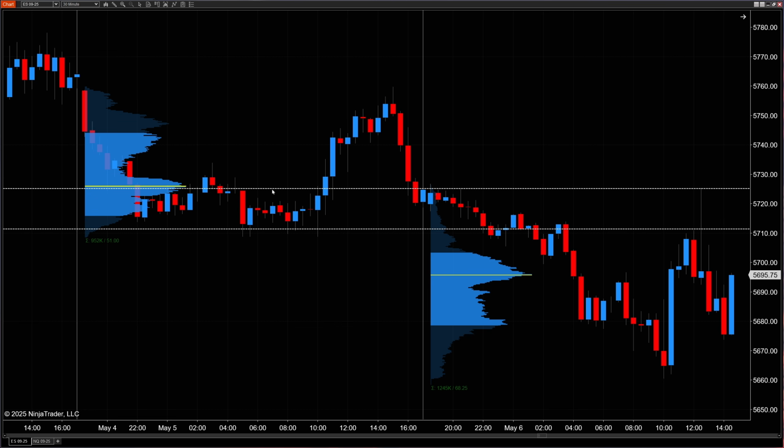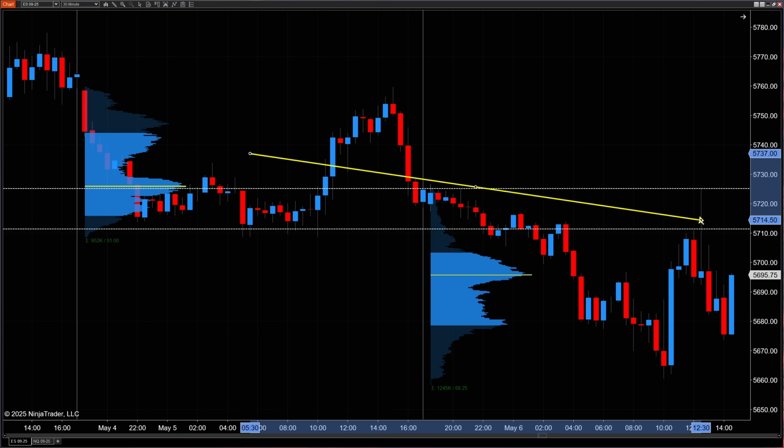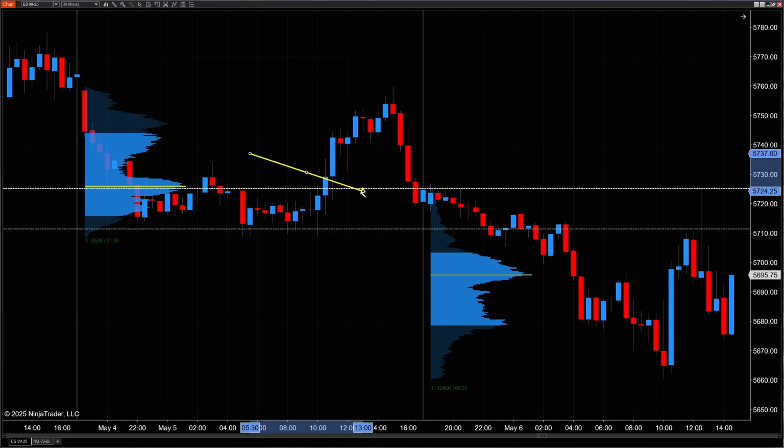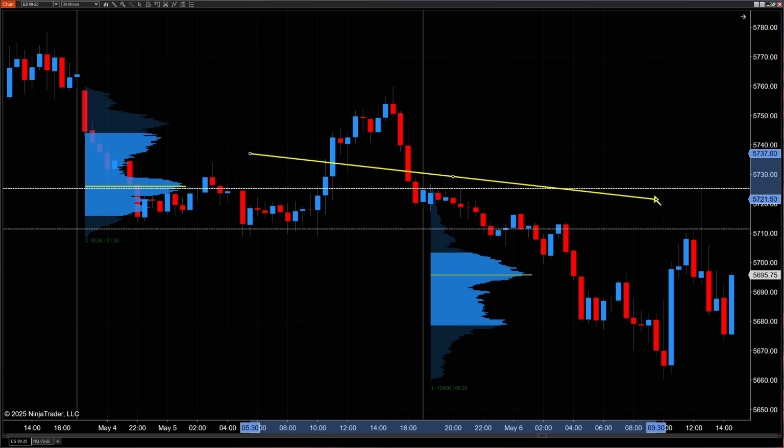If we draw a horizontal line right across it, does it come right up here to the middle of this distribution area of the profile? I would say yes, you're within a couple of ticks. And if you were in this trade long and you saw that it just barely missed your target, if you're targeting the exact point of control and you did not move your stop loss to at least break even or start aggressively trailing it on the way up, shame on you.